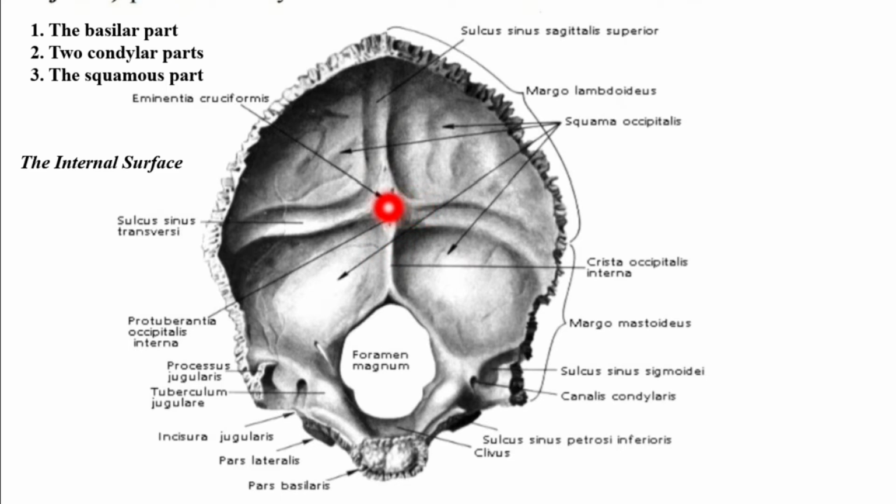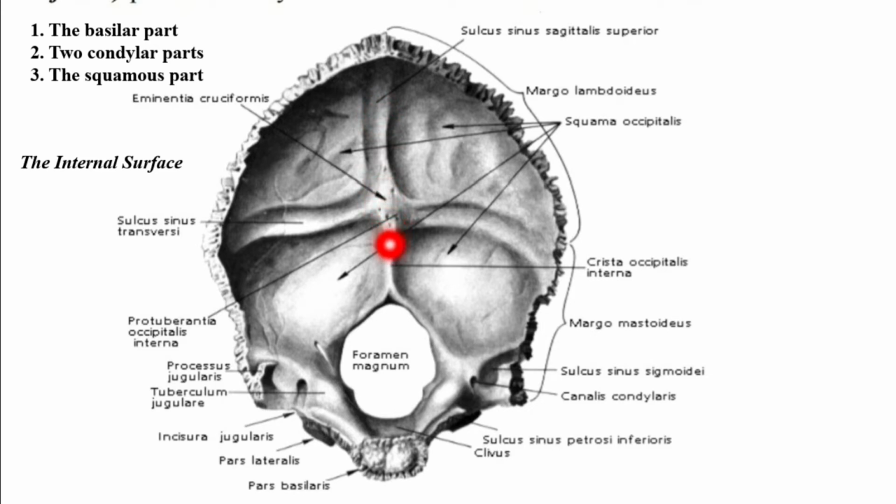So the most prominent thing here, like on the outside, is the eminence called eminentia cruciformis, right? Eminentia cruciformis. If you continue going up, there is the sulcus sinus sagittalis superior, a groove for the superior sagittal sinus.